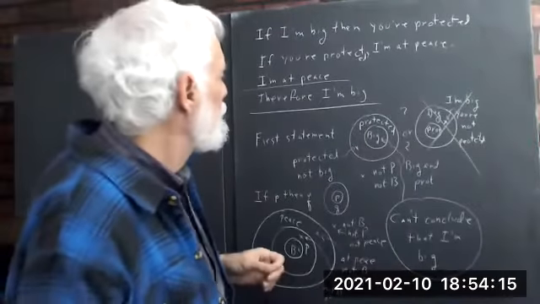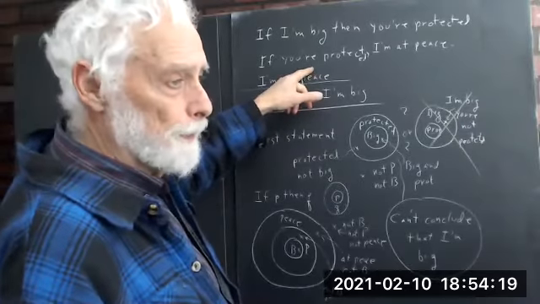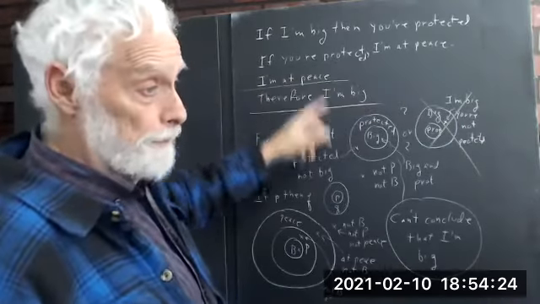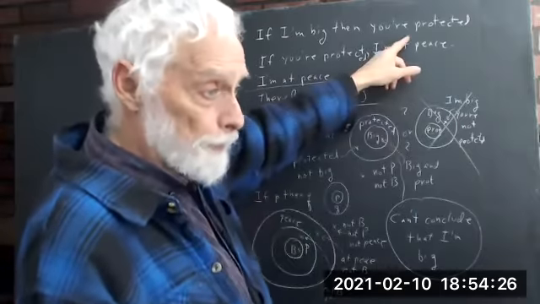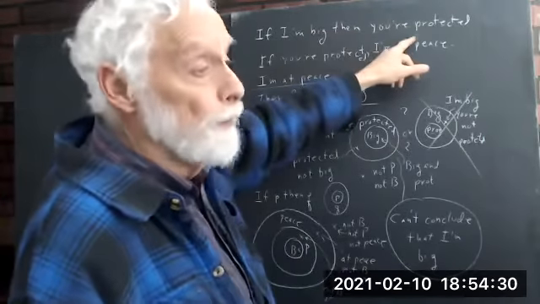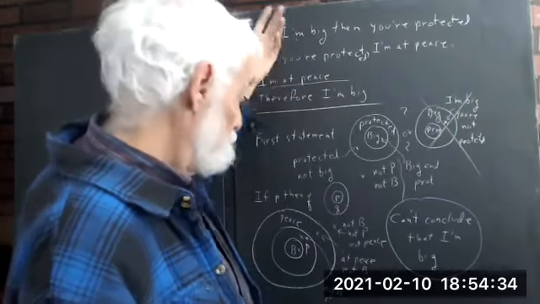Okay. If I'm not at peace, then we can't say that you're protected, because if you were, I'd be at peace. So you're not protected. Now, if you're not protected, well, if I'm big, then you are protected. If I'm not protected, then I'm not big.